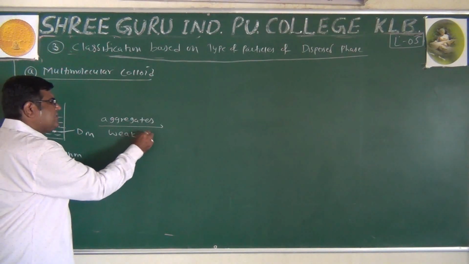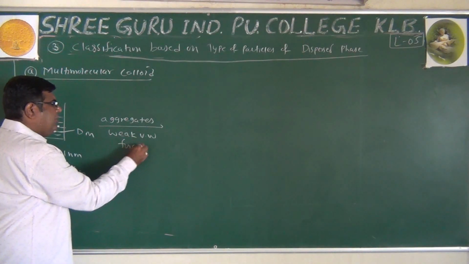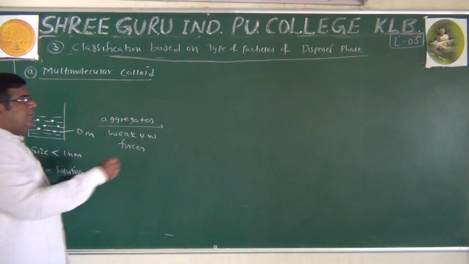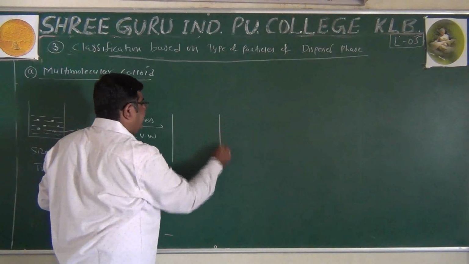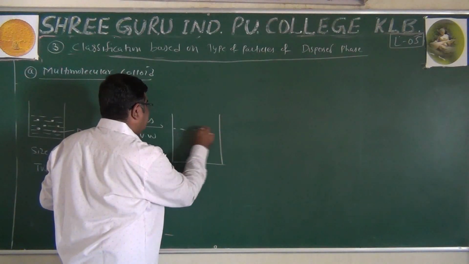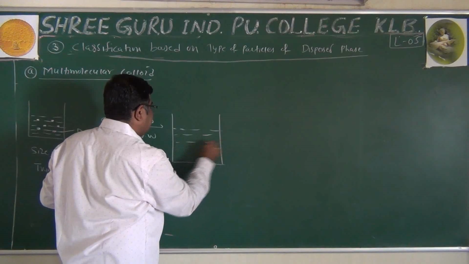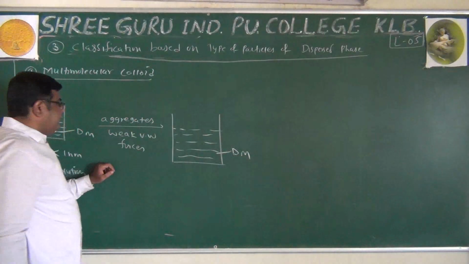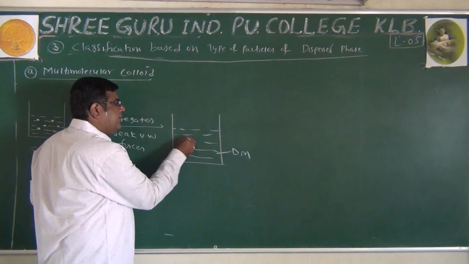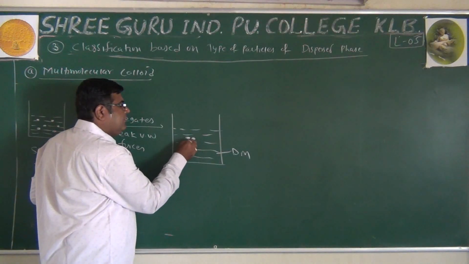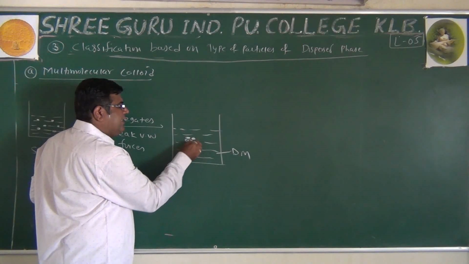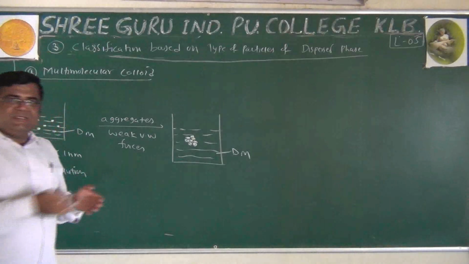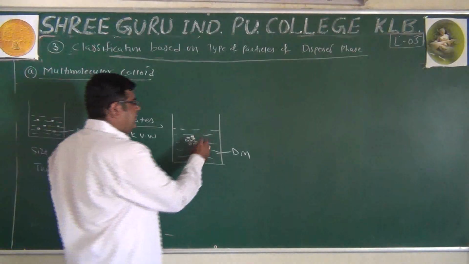Weak van der Waals forces may operate in them, and again, this is the dispersion medium, and we get this type of aggregation, a cluster of particles together.